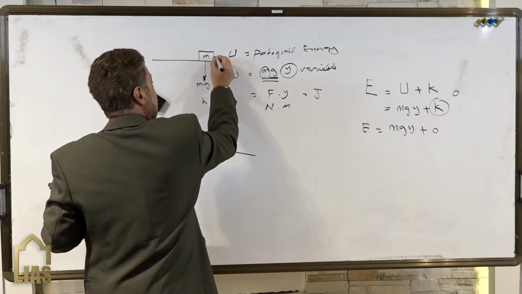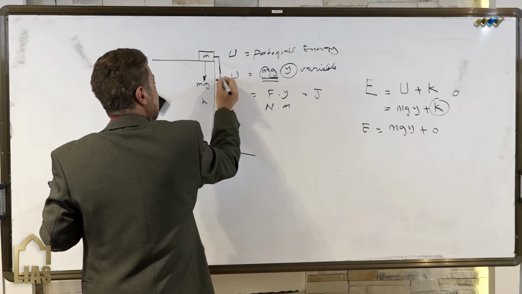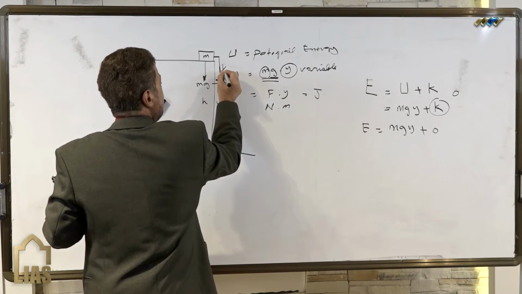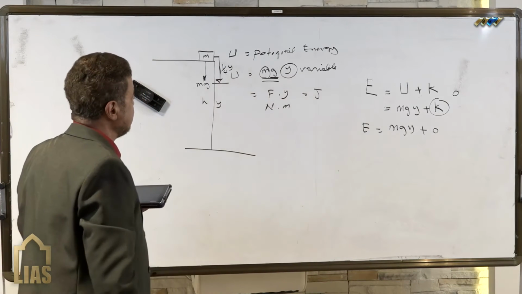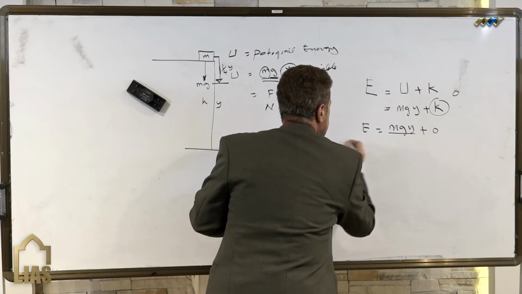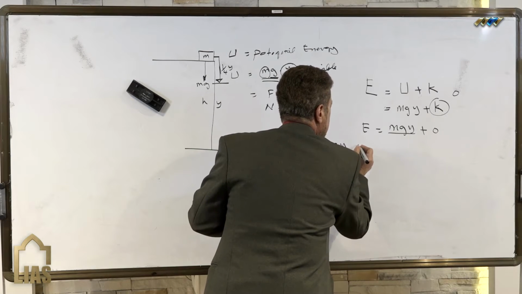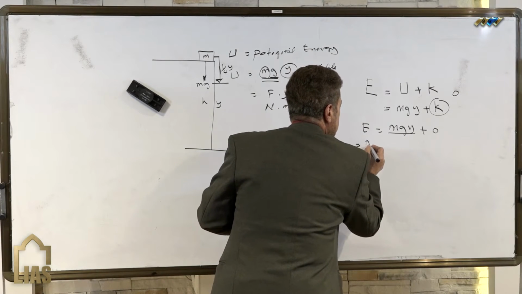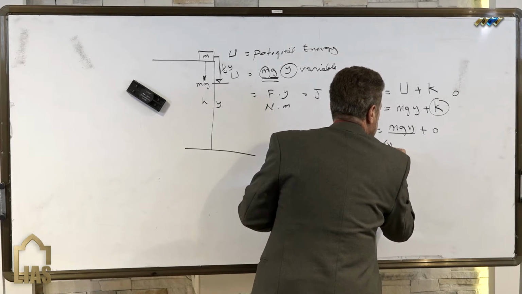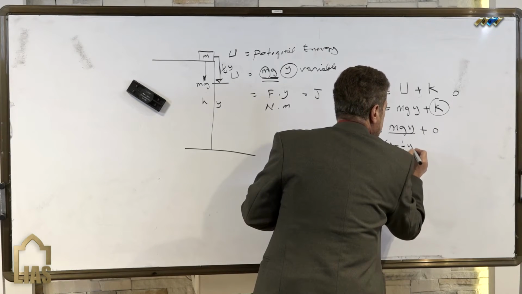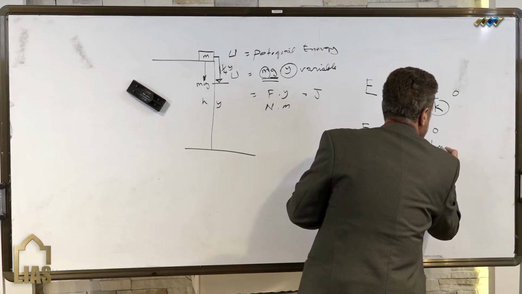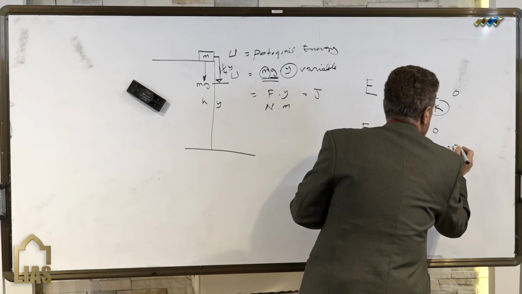If this goes down, for example, a quarter of y, then mgy is equal to mg times y minus a quarter of y, plus half m v square.